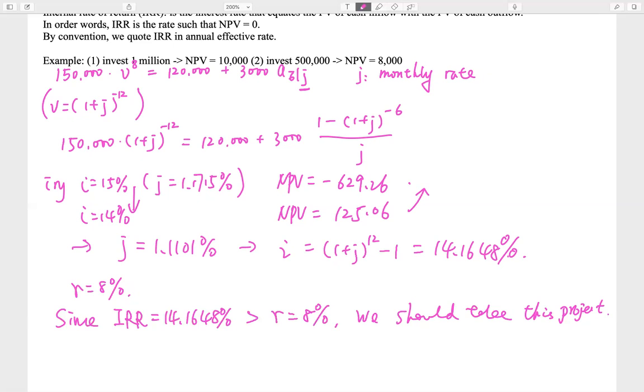But if this project gives us 14%, we should go with this new project. It's very easy to make a decision once we know IRR. So that's everything behind IRR.